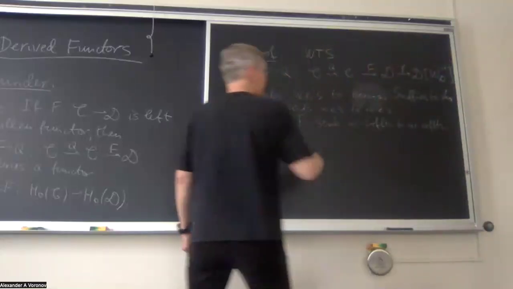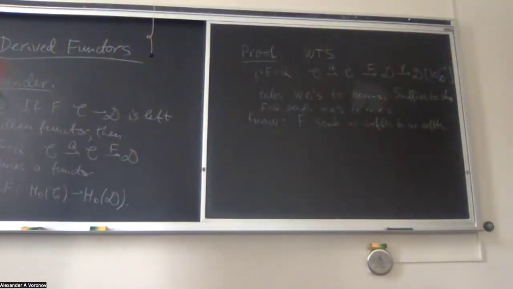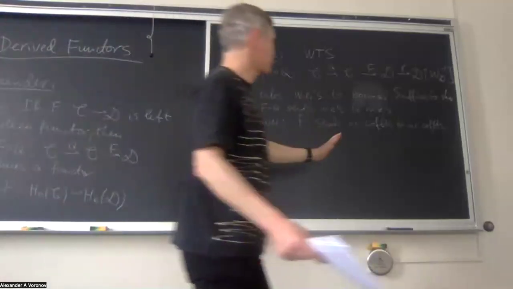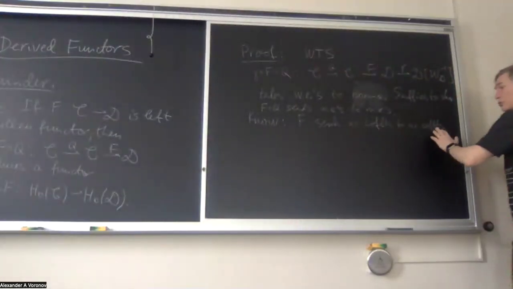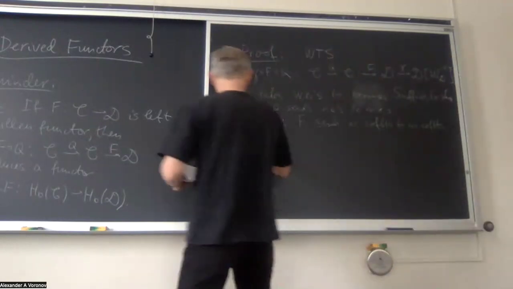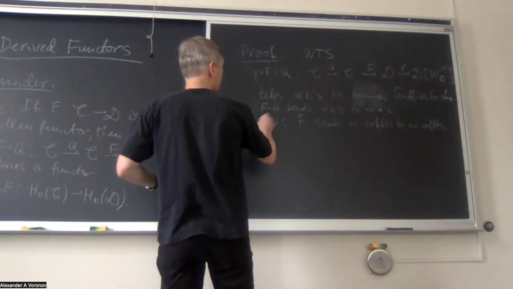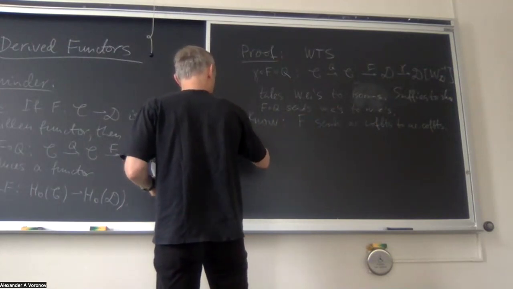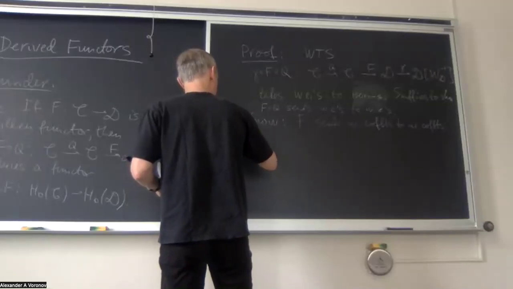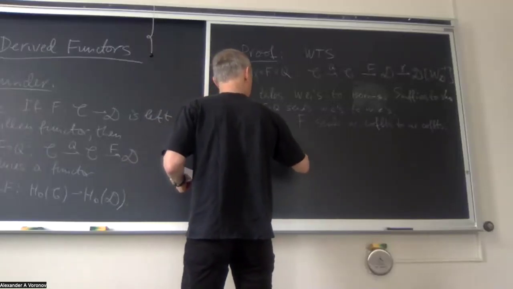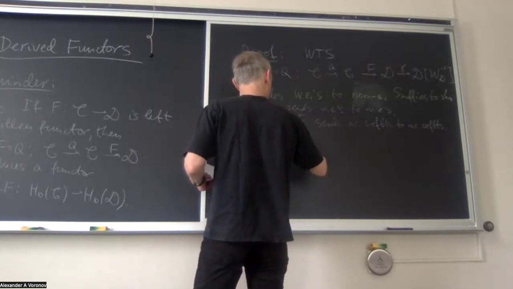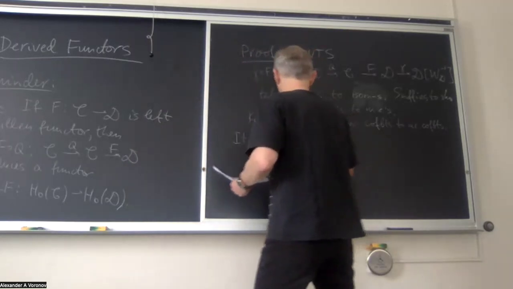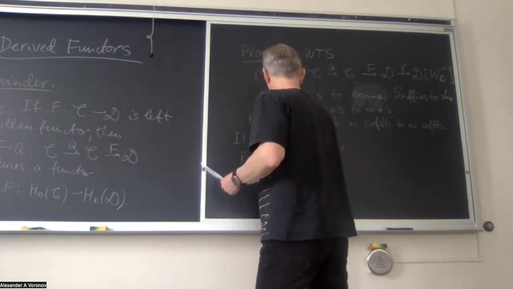That's what we know because F was assumed to be left Quillen. So it sends cofibrations to cofibrations and acyclic cofibrations to acyclic cofibrations. But the fact that FQ sends weak equivalences to weak equivalences follows from the following lemma, which is known as Ken Brown's lemma.